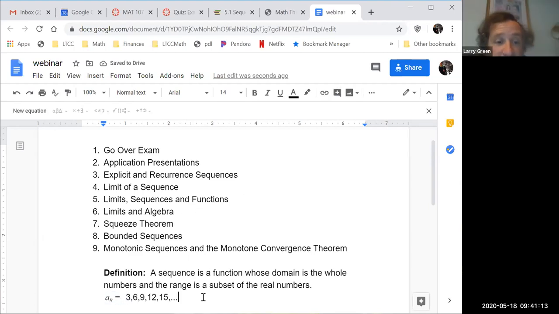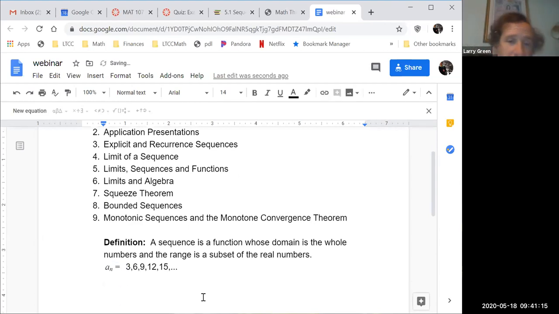That's the standard notation. We tend not to use f for a sequence because that sounds like your domain is the real numbers. We tend to use a sub n, because n looks like a whole number, and a is that function. So that's the same thing as saying f of n.